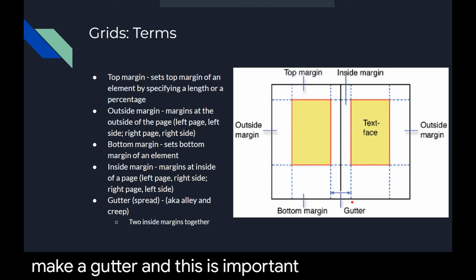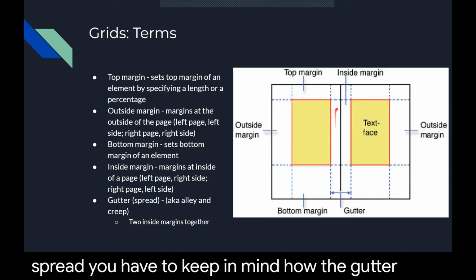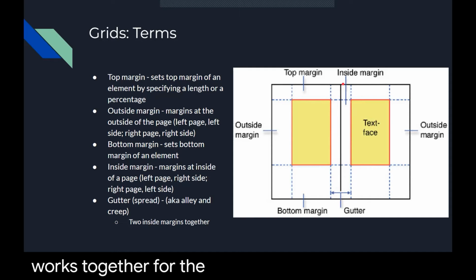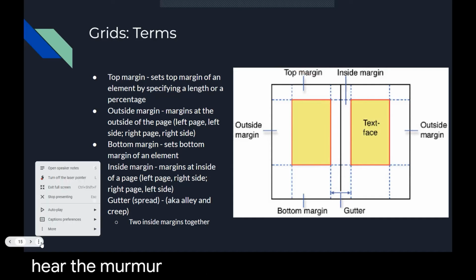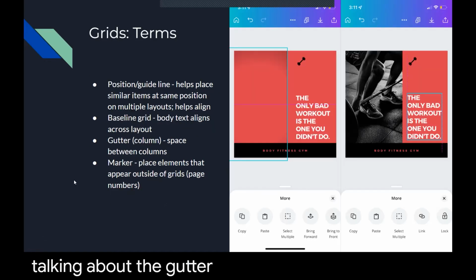And this is important because depending upon how you bind or fold your spread, you have to keep in mind how the gutter works together for the overall design. Some people will call your gutter an alley or a creep. So if you ever hear them referred to like that, know that they're talking about the gutter.